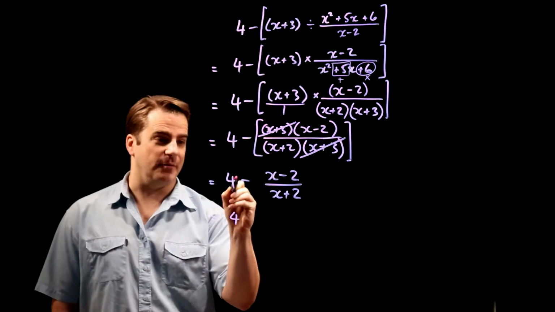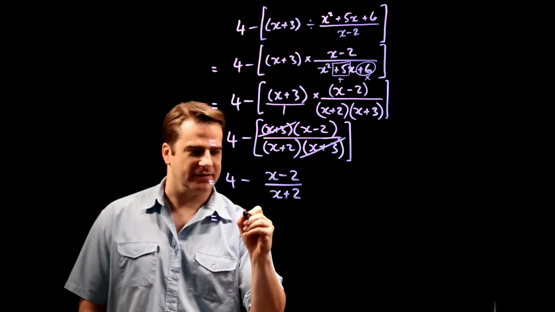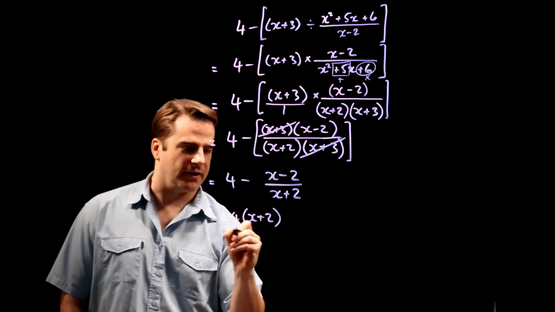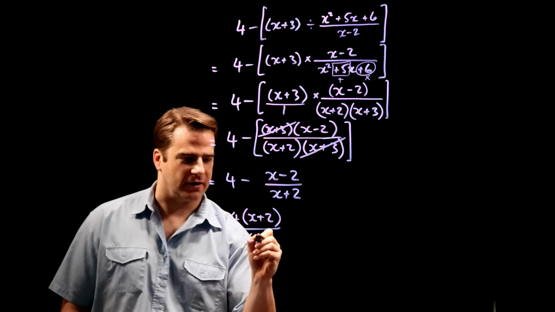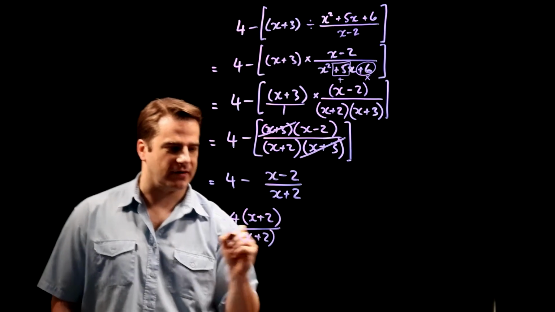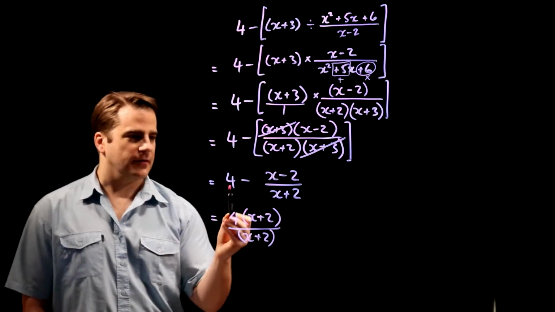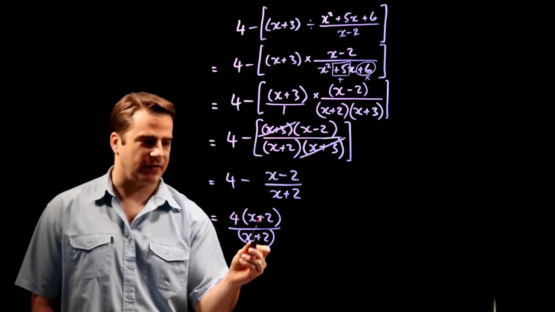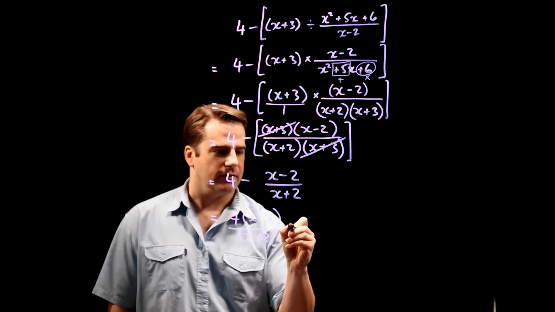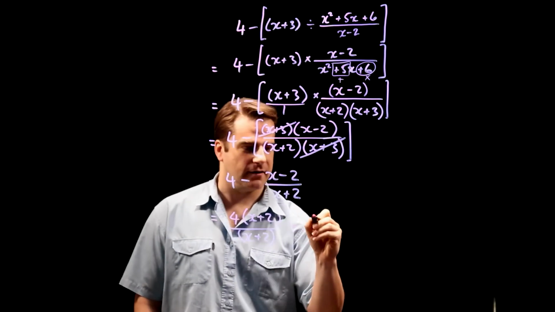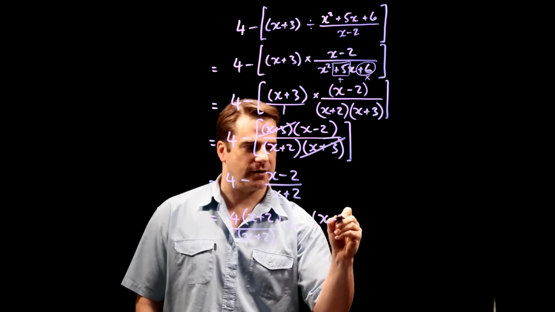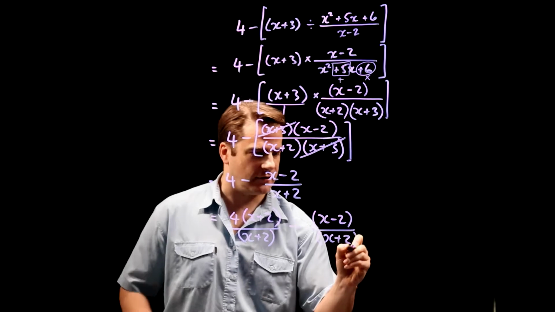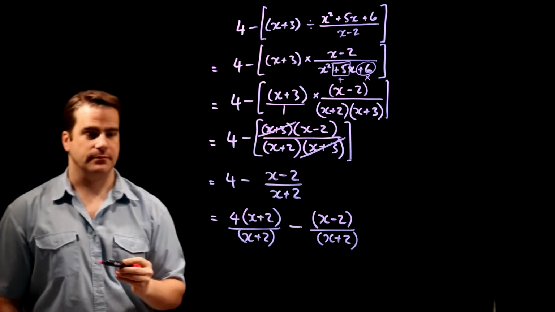We're multiplying that number by that, which is x plus 2, and we're putting it over x plus 2. I'm going to write it in brackets. Because 4 is the same as 4 multiplied by something and then divided by it. Minus this thing. I will introduce brackets this time. X minus 2 over x plus 2. Okay?